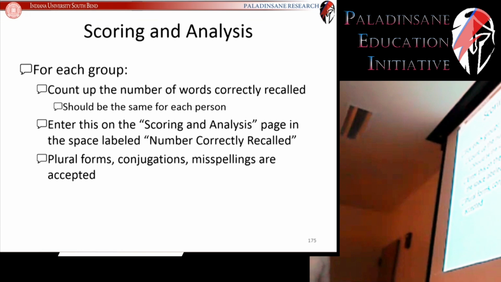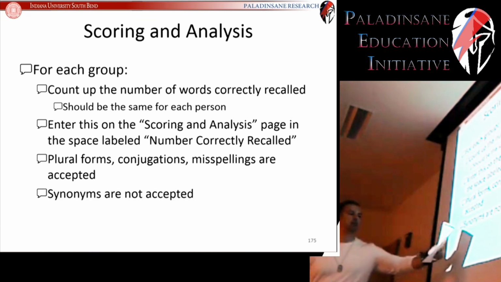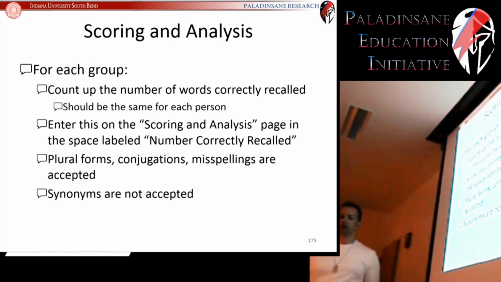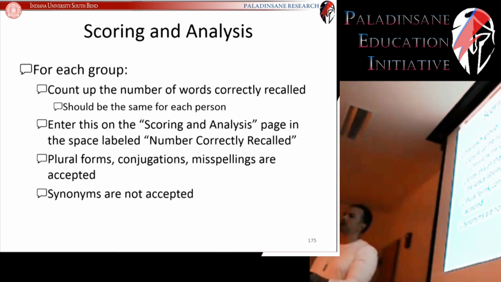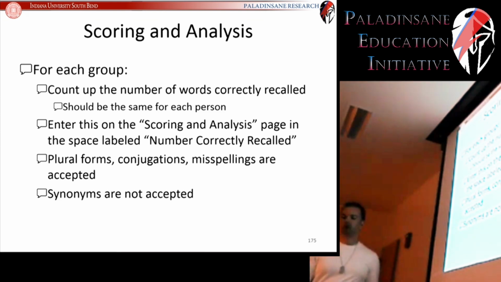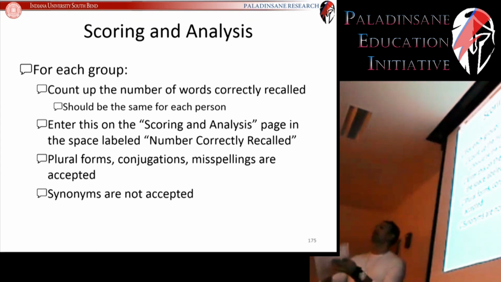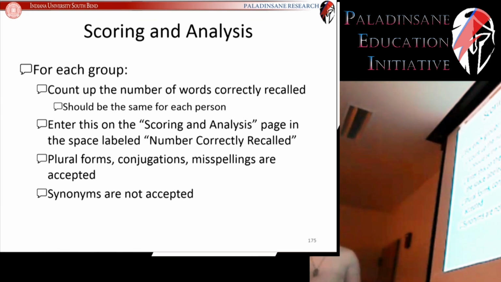All of those are accepted, but for reasons that will become apparent in just a moment, synonyms are not accepted. So if the word was tart and you put, sour was already up there. If you put tart and sour, those don't count as the same. Those are two different words. So synonyms are not accepted.